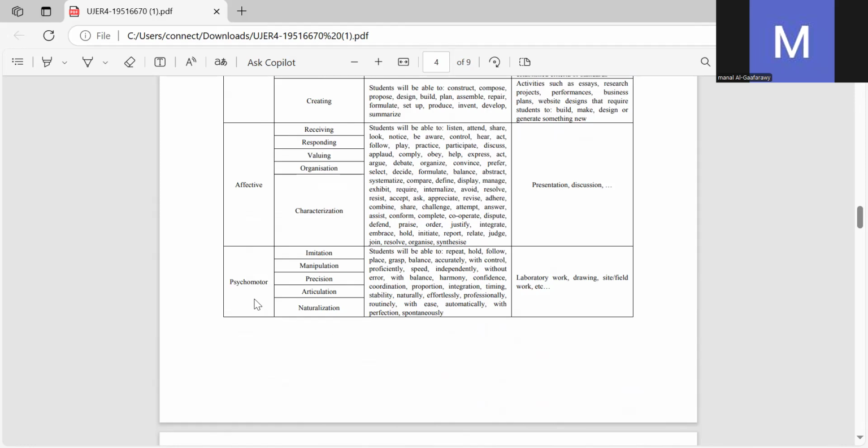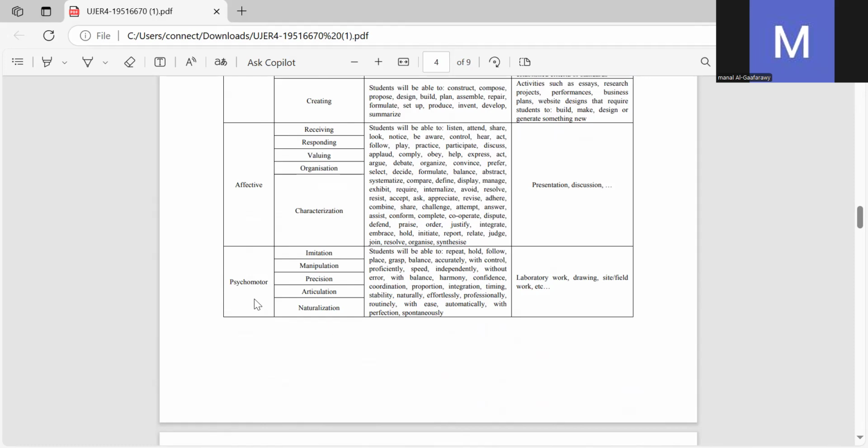Moving on from that level, we have the level of manipulation, which is being able to do the good behavior with some sort of control. He can control himself and stop bullying. So he can do the good behavior with some sort of control.